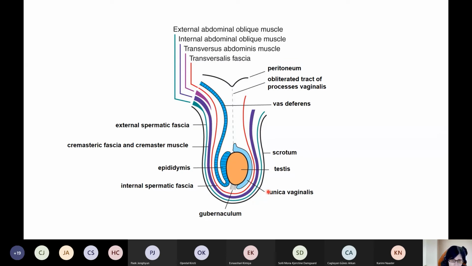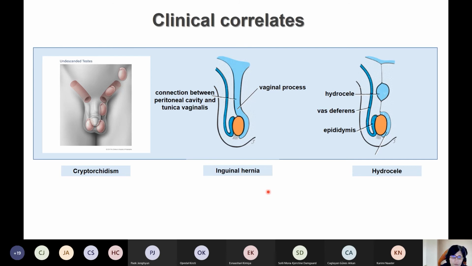But it is also possible that something went wrong, and we will have some pathologies in this case. First, we have cryptorchidism. Cryptorchidism means that the testis does not reach the scrotum until week 33, and in this case the testis could be either inside the abdominal cavity, or inside the inguinal canal, or at the level of the spermatic cord.